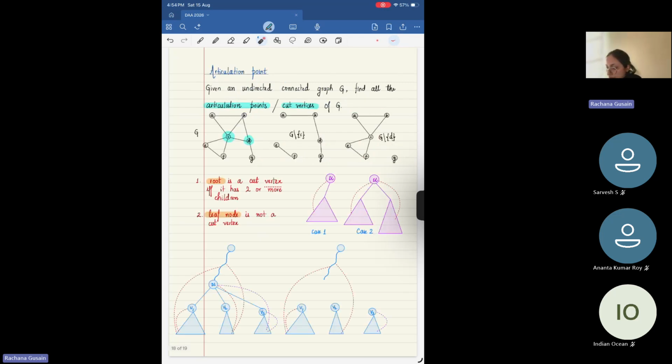Again, in this example, if I want to know the low of u, it's going to be the DFS number of this node, because that is the lowest DFS number or start number I can reach from u. How? By taking one or more tree edges and then taking a back edge. So is the definition of low of u clear? Basically, from u, how high I can go via a descendant of u. That is all I'm maintaining.